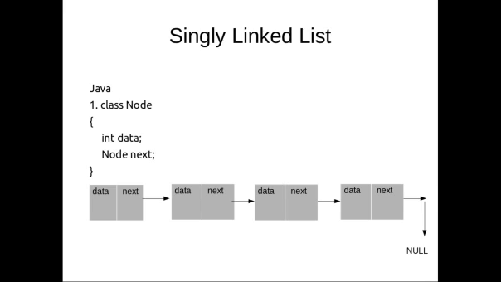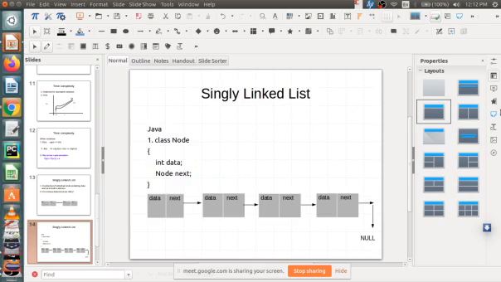You declare a class Node with int data and Node next, then you instantiate the object, create the object, then you can use getter setter or the dot operator to put data and next. Let us see in the Eclipse.